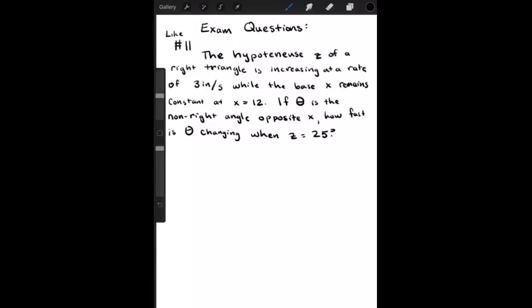So our actual question is if theta is the non-right angle opposite x.